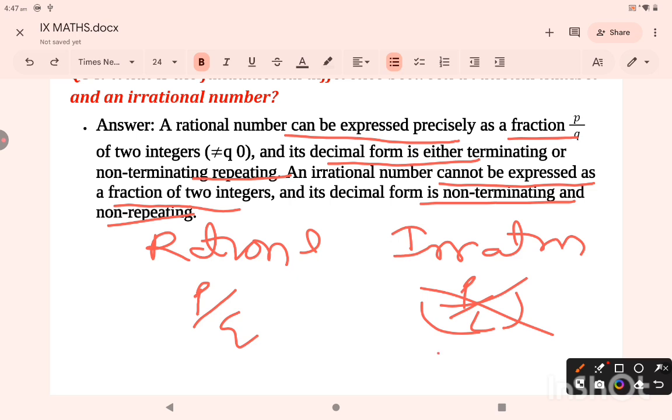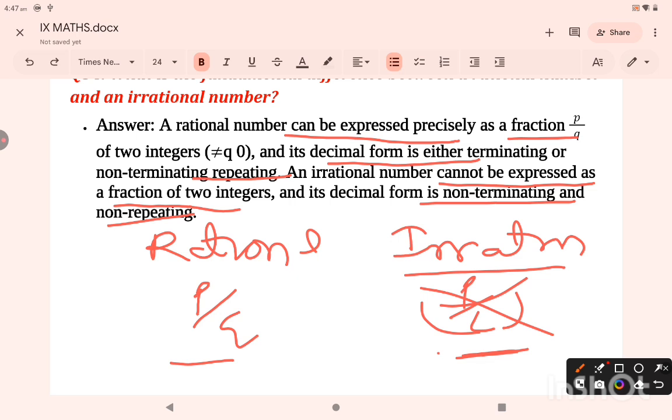For irrational numbers, the decimal expansion is non-terminating, non-recurring decimals. Remember these two major differences between rational and irrational.